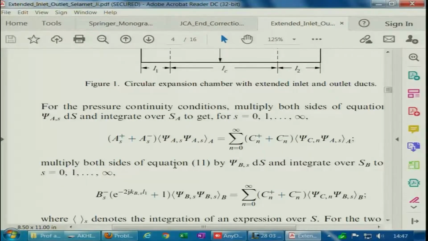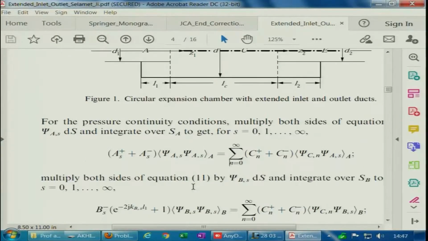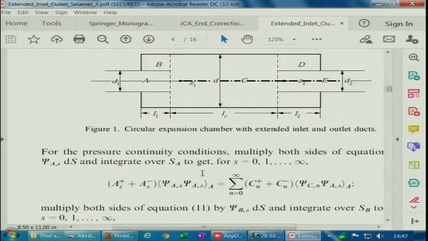Similarly, when you multiply the other pressure continuity condition with the function psi_bs, again you have only one modal coefficient, as we explained a while back, and only that particular mode will survive in the annular region, because of orthogonality of such functions over the domain of the port or the annular cavity.